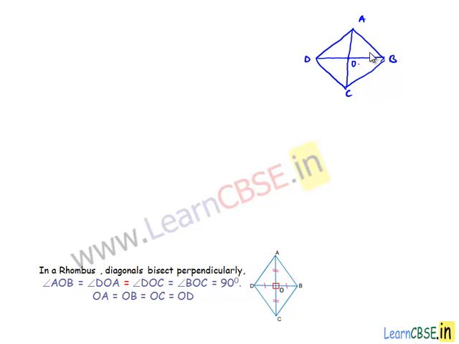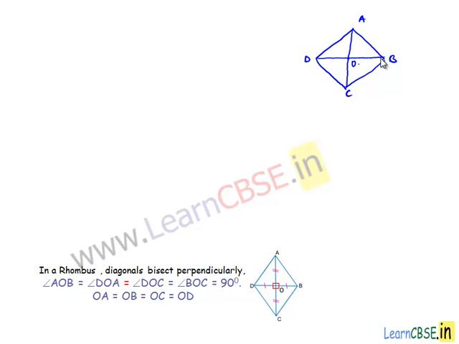In order to prove that the rhombus is a square, we need to prove that all the angles, that is angle DAB and angle ABC and angle BCD and angle CDA, are equal to 90 degrees.